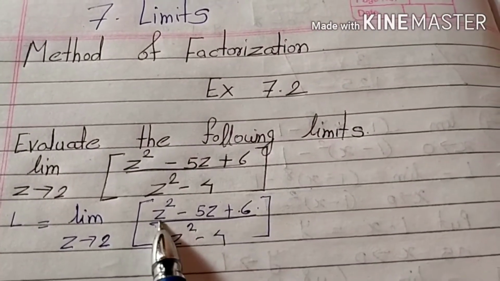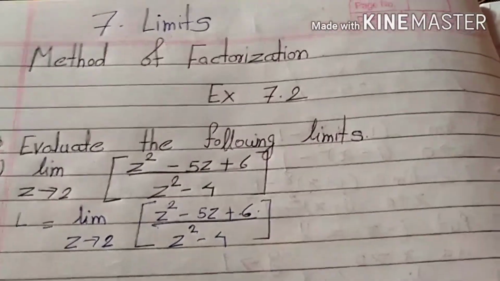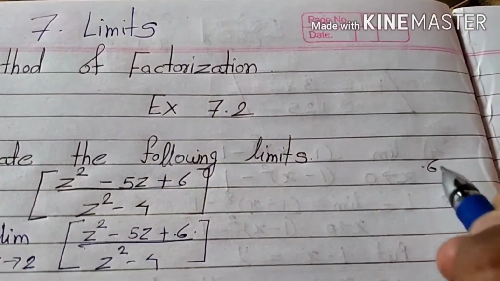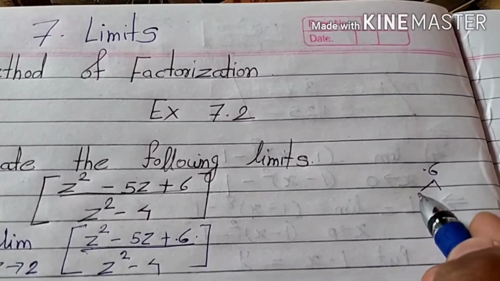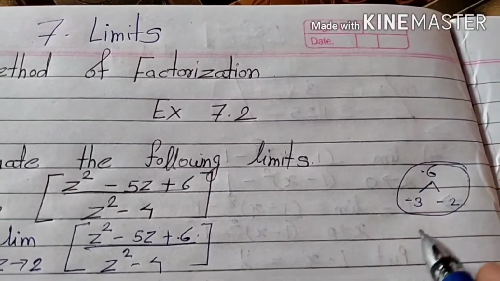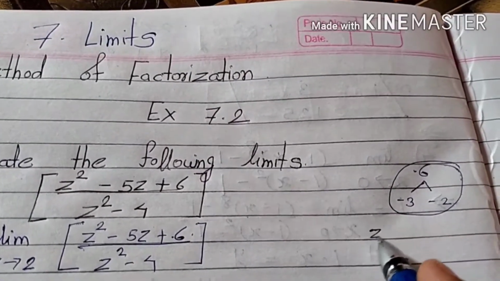So it's 6 and minus 5. So we have to find the factors. 6, it's minus 5, so it is minus 3, minus 2. So this is our factor.